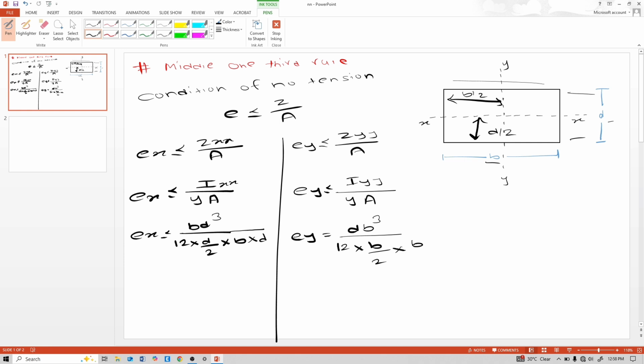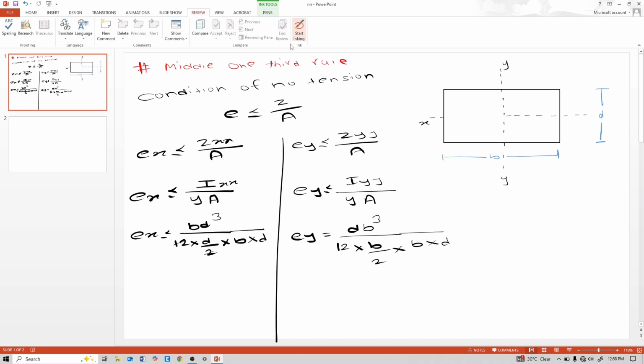And this area is the same, b into d. So see, this 2 and here 6 comes.